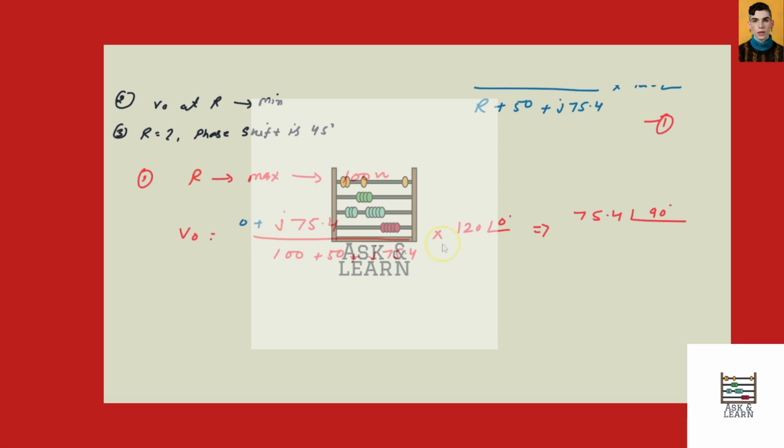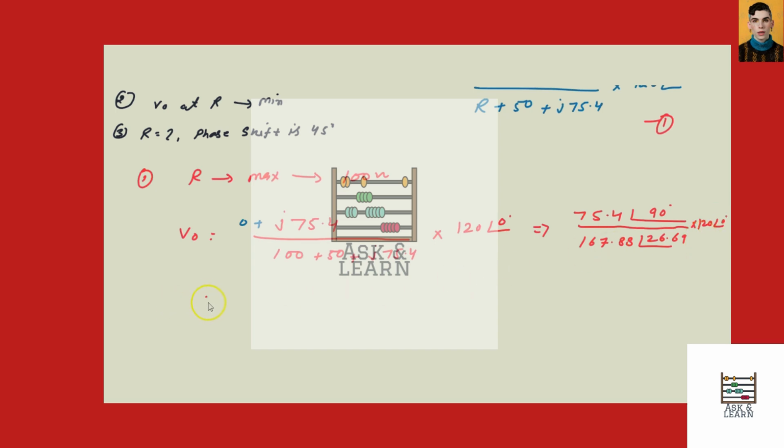Converting the denominator to polar form gives 167.88 angle of 26.69, multiplied by 120 angle of 0.